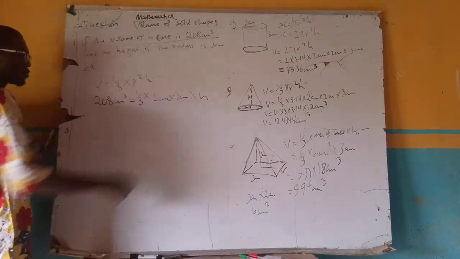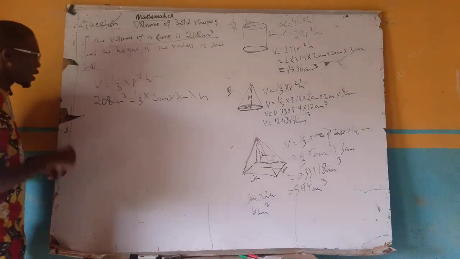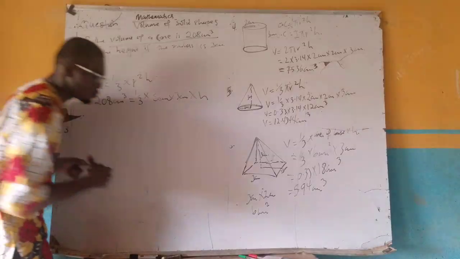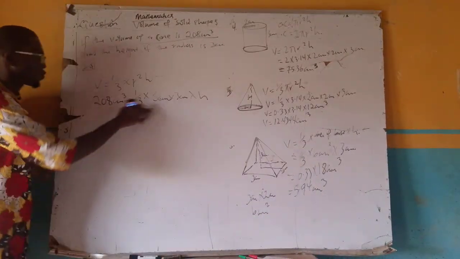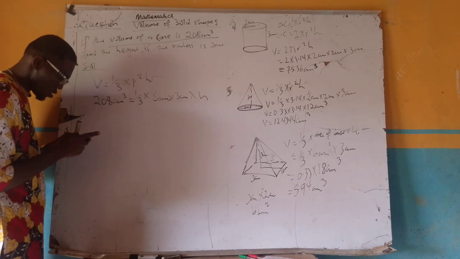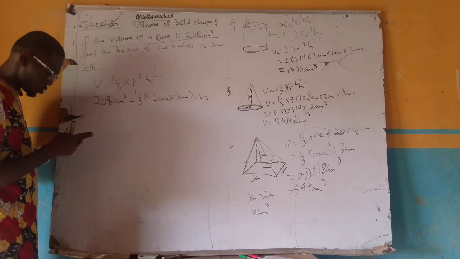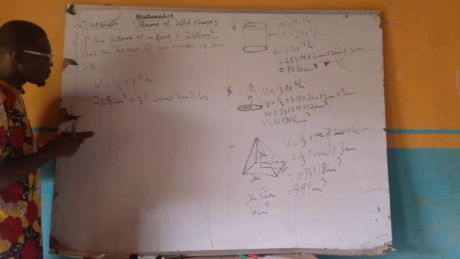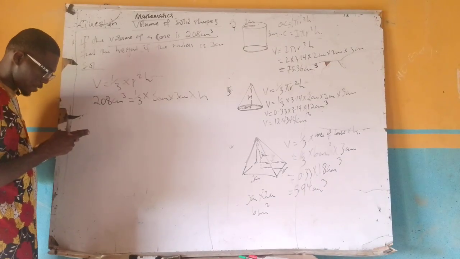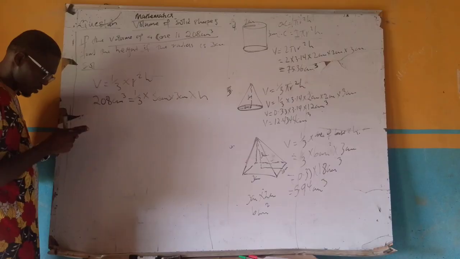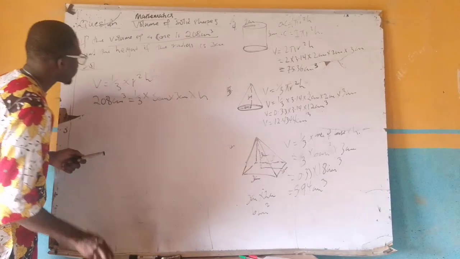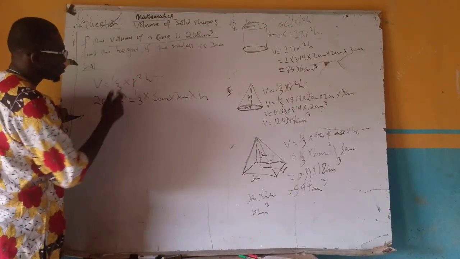So following the normal formula, we have 3 times 3 is 9. Let me solve all this before I move it to the other side. So we have 0.33 times 9, which gives 2.97.